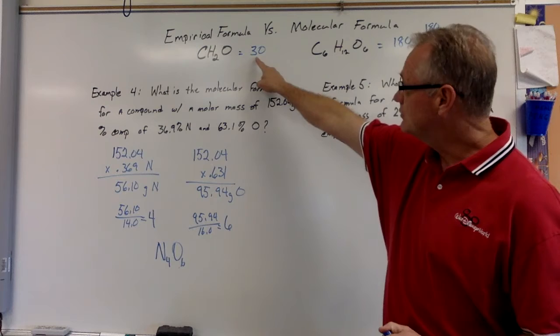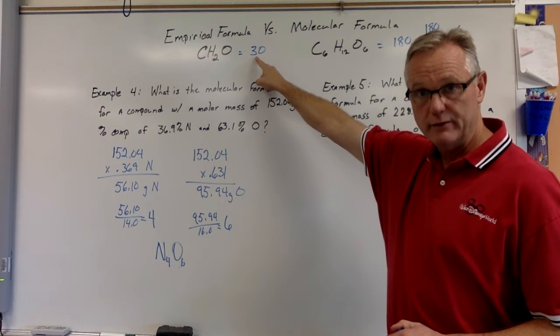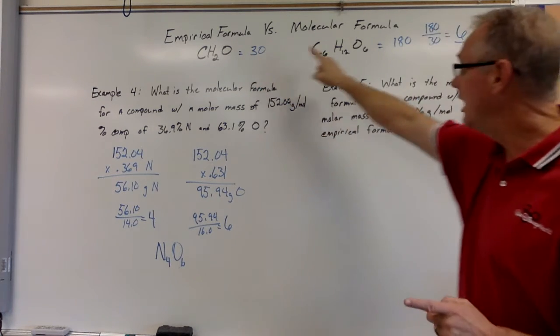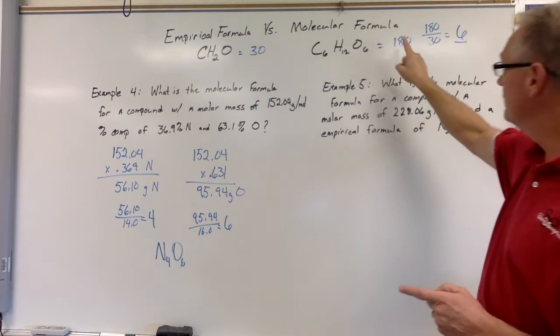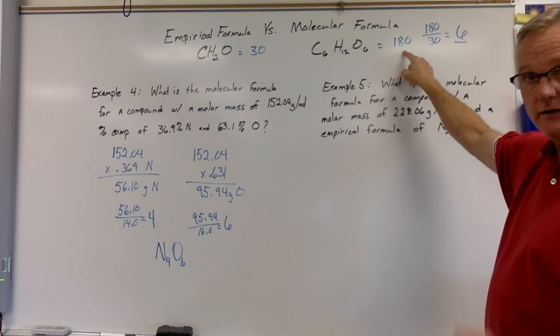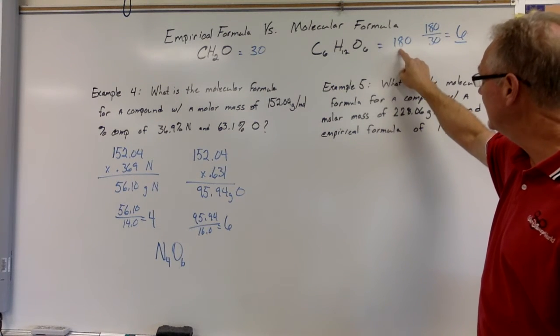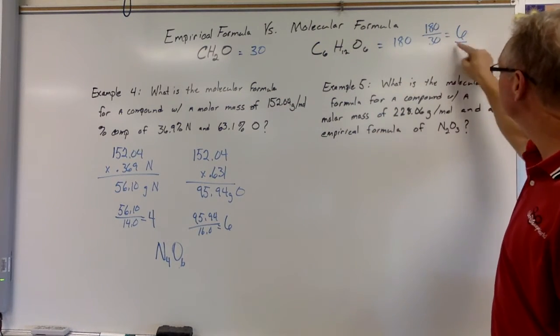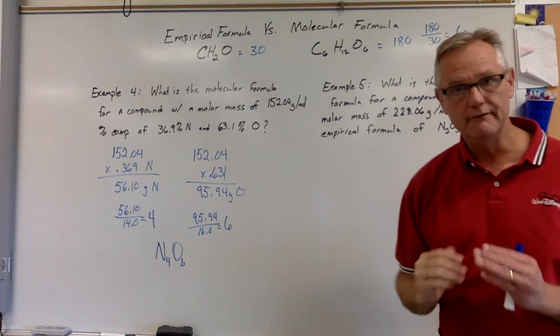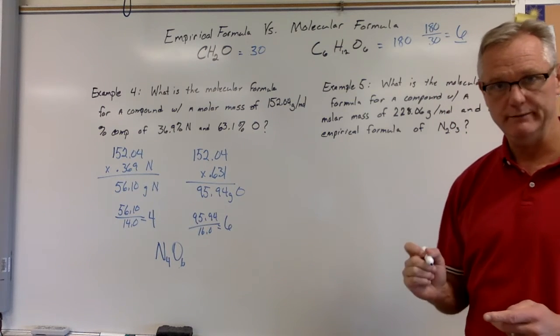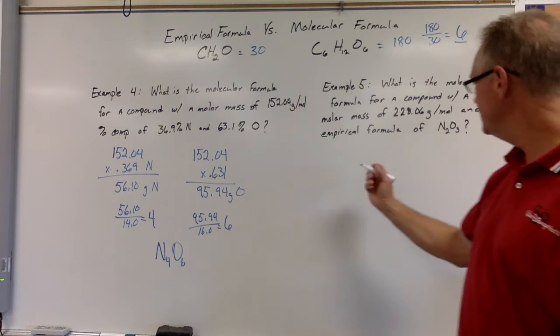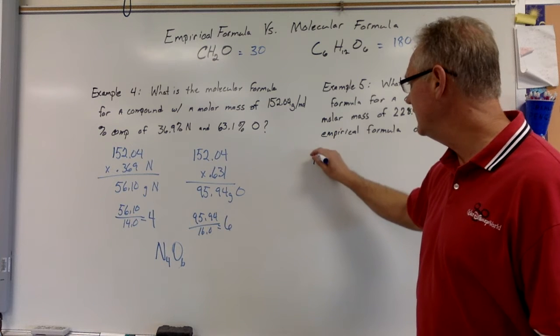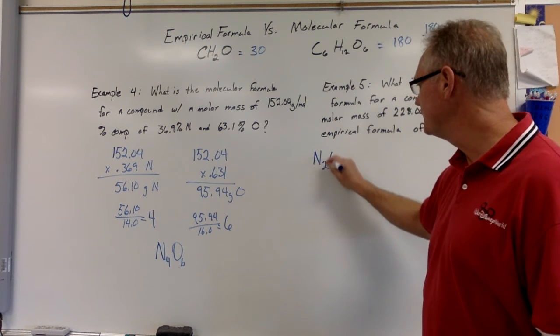Do you remember up here I told you that we can determine our empirical mass and our molecular mass? The multiple of our molecular mass to our empirical mass tells me what the multiple of the molecular formula is going to be.